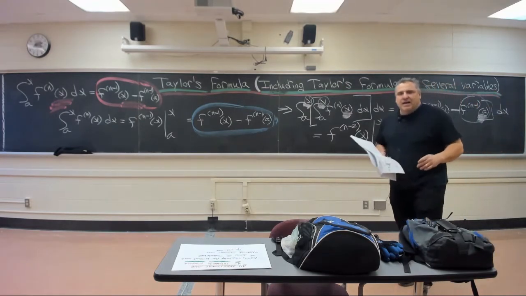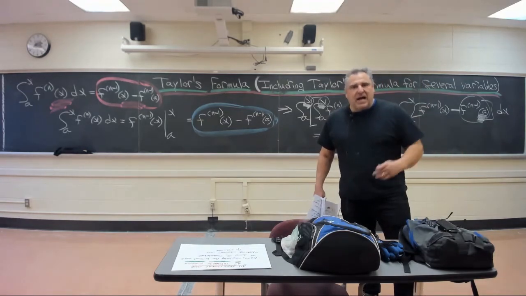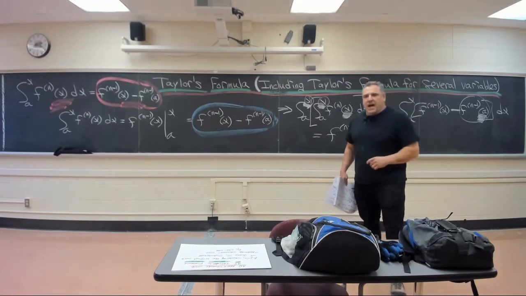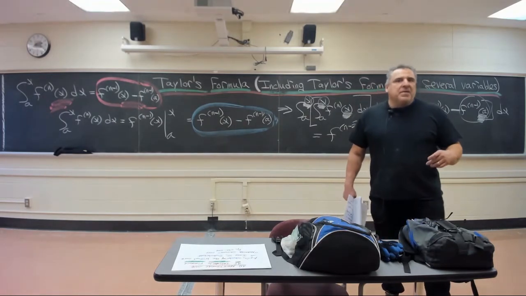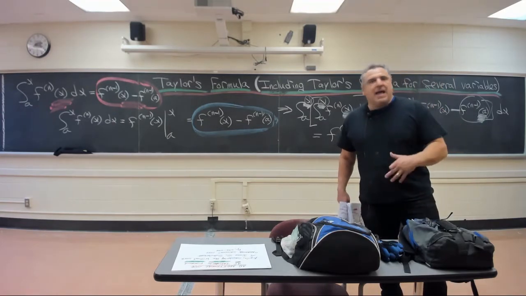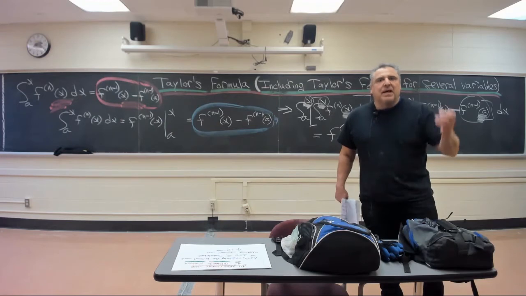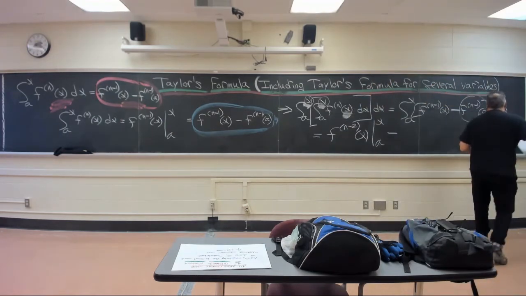The nth derivative of f at a is some constant. The n minus 1th derivative of f at a is some constant. The n minus 2 derivative of f at a is some other constant. A is a constant. When you're integrating a constant, there's nothing happening with the constant itself.